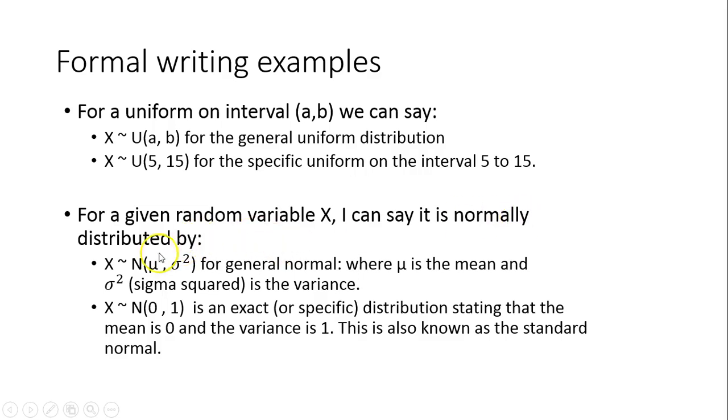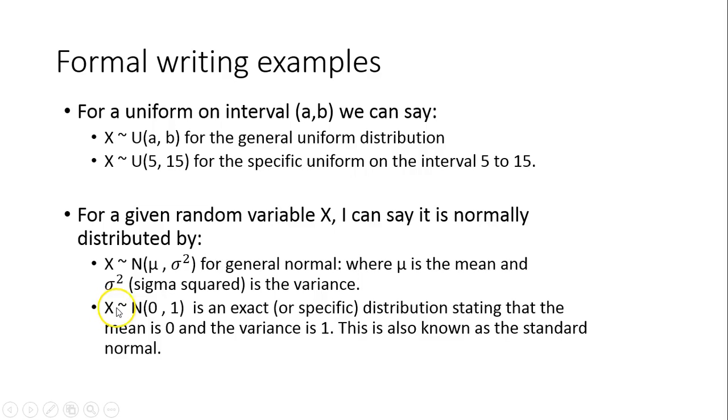You say x is normal, like this, with the mean mu and variance as the second parameter. So the first parameter is the mean in this case. It's not the starting point, because this is negative infinity. But the two unknown parameters that give you an exact distribution are the mean and the variance. When you specify the mean and the variance, you get an exact normal. This is how you write it.